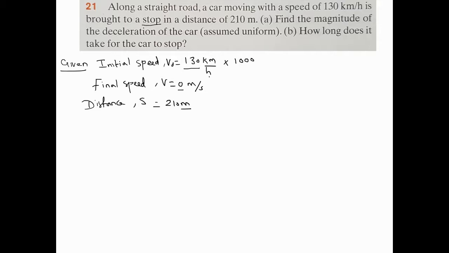If you want hours in terms of second, 60 minutes multiply by 60 seconds. So if you do all these things, you will get the value of 36.11 meter per second. Why do we convert this? Because the distance covered is given in terms of meter, so you have to convert this kilometer in terms of meter. Understand?